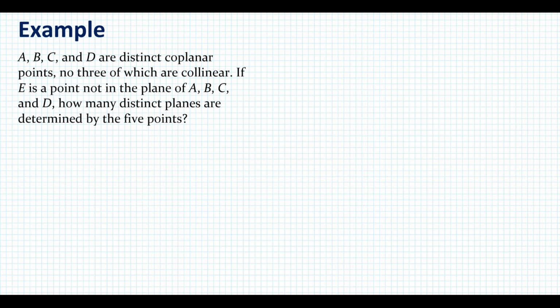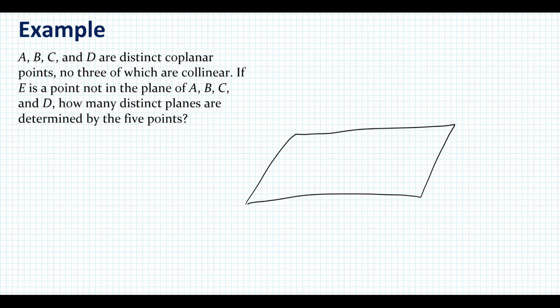Okay, so let's draw this out. So let's say you have a plane like this, okay? And let's draw these 4 points, A, B, C, and D, such that they're non-collinear. A, B, obviously 2 points will always be collinear and coplanar as well.